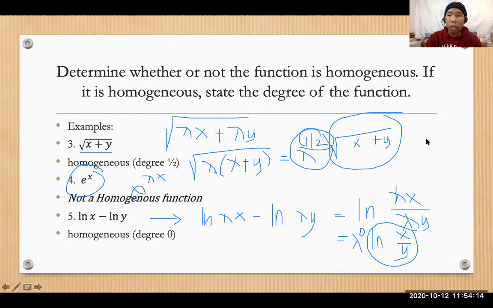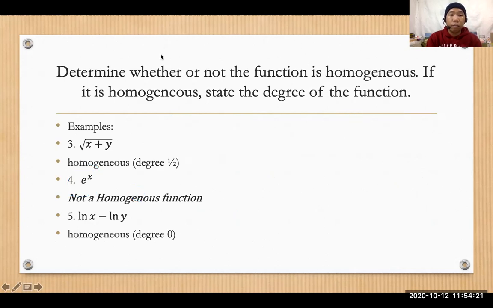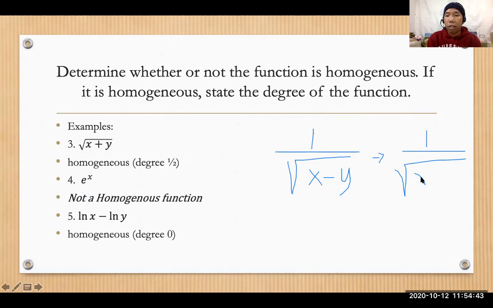Let me go back here and erase this one. Say, for instance, 1 over the square root of x minus y. This is actually a homogeneous function. If you apply lambda here, you can factor out lambda. Take a look at this: 1 over the square root of lambda x minus lambda y.